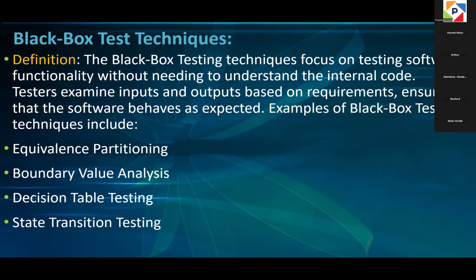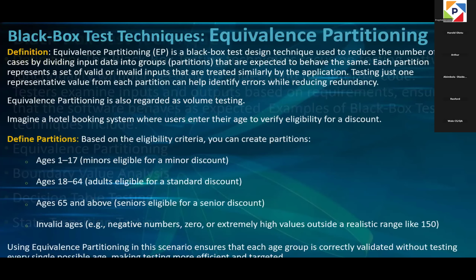So black box technique is mostly and mainly peculiar to us testers. There are different ways in which we can carry out these black box test techniques, and those four ways are equivalence partitioning, boundary value analysis, decision table testing, and state transition testing. We will look at these individually.